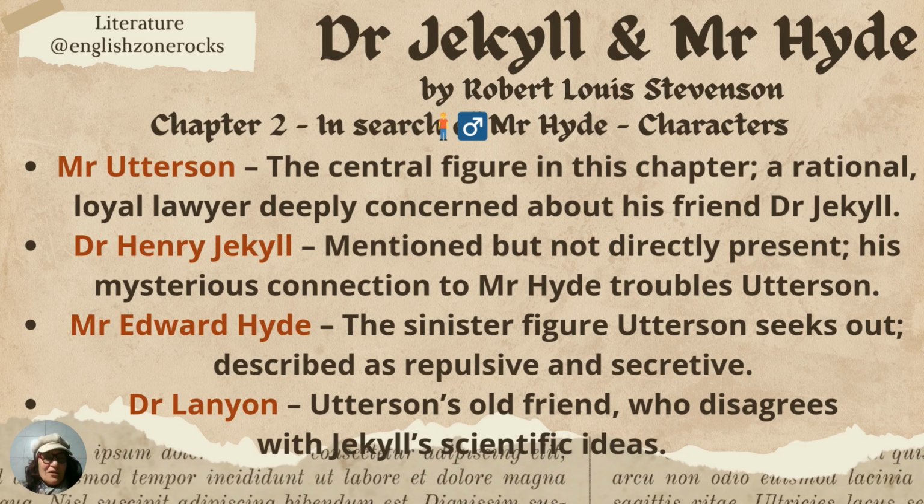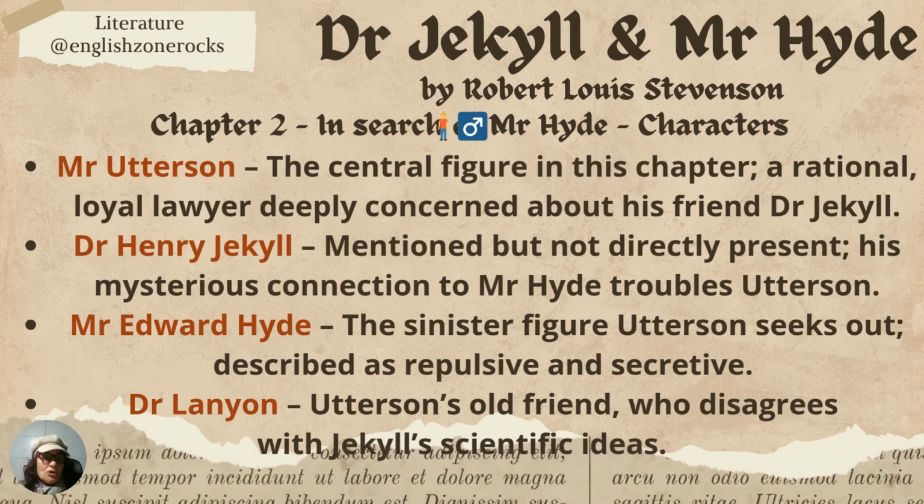So these are the characters, the ones that appear in this chapter. Remember that we go chapter by chapter. Here we have Mr. Utterson, Dr. Henry Jekyll, Mr. Edward Hyde, Dr. Lanyon. Utterson is the central figure in this chapter, a rational, loyal man, deeply concerned about his friend Dr. Jekyll.